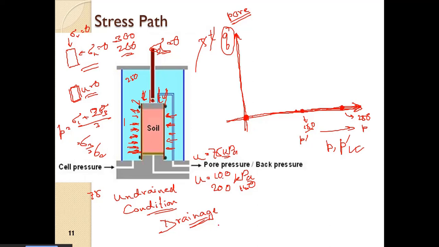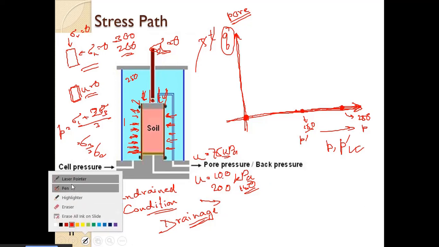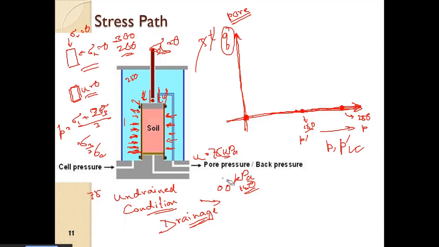Then, if we now allow drainage, what will happen? Pore pressure will reduce. So if I allow the drainage, and suppose I maintain a back pressure of, suppose, 50 kPa, so ultimately what will happen?